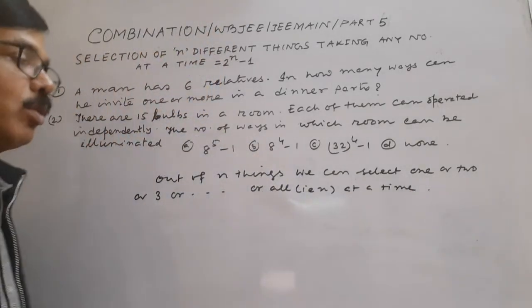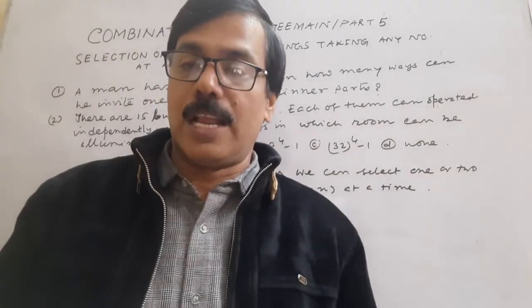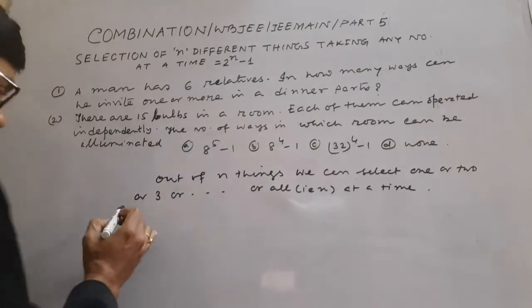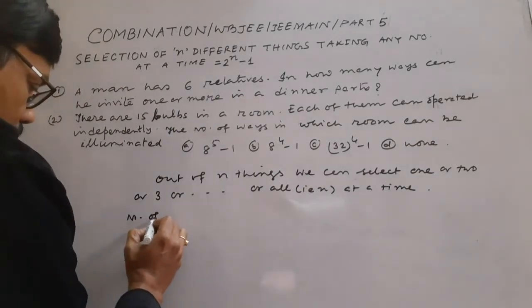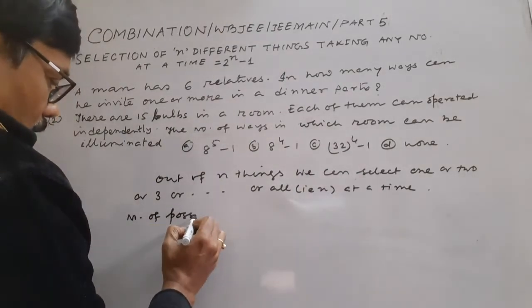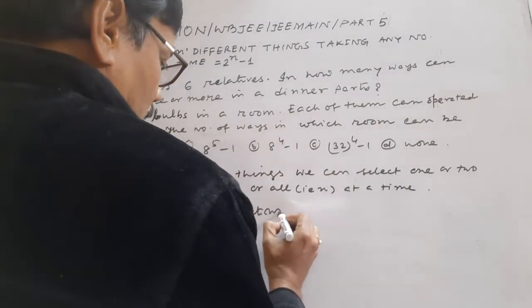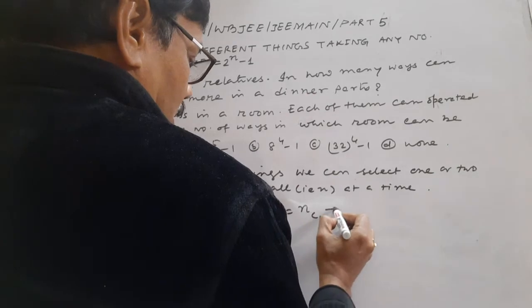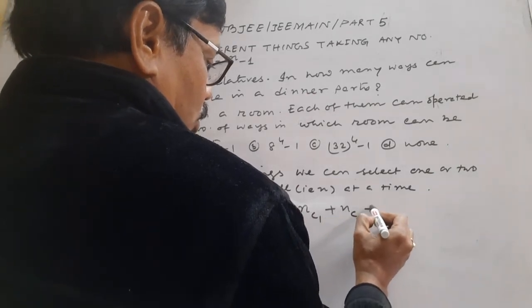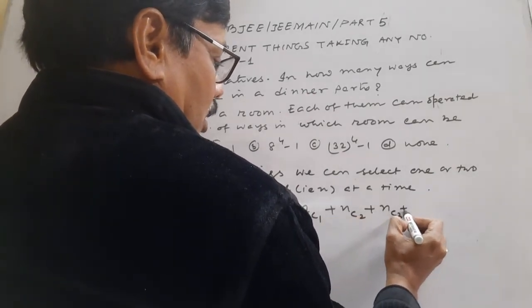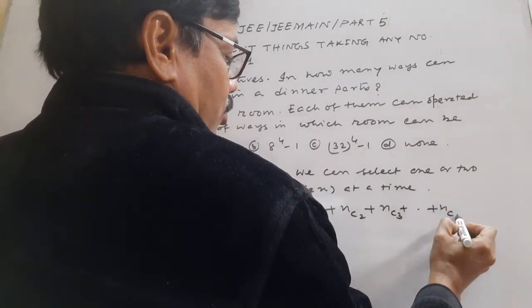So all out of n things we can select n. So the number of possible selections equals nC1, nC2, nC3, up to nCn.